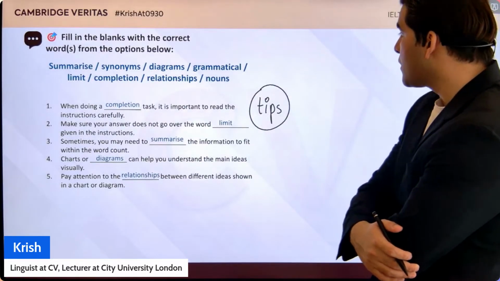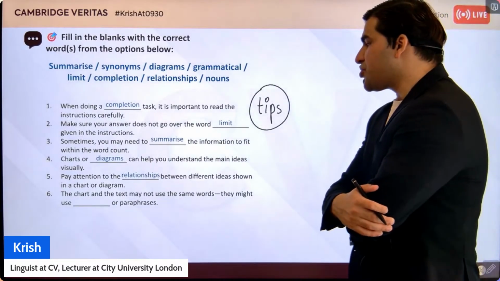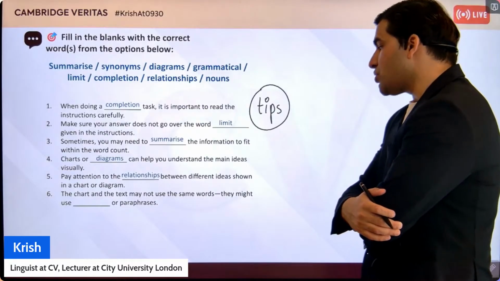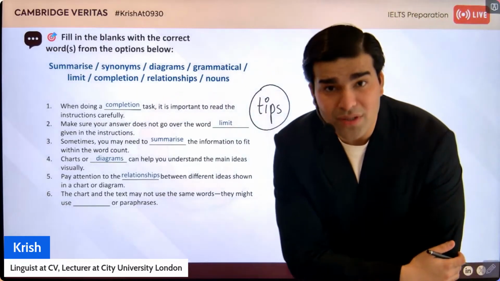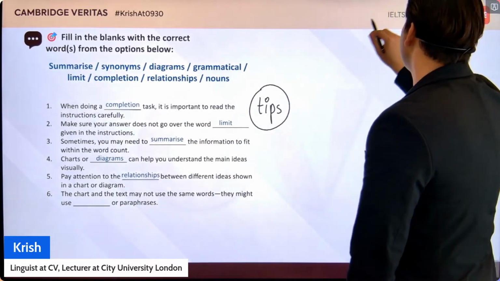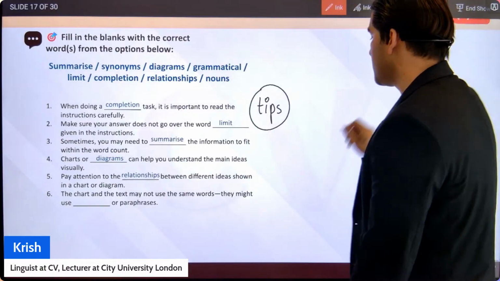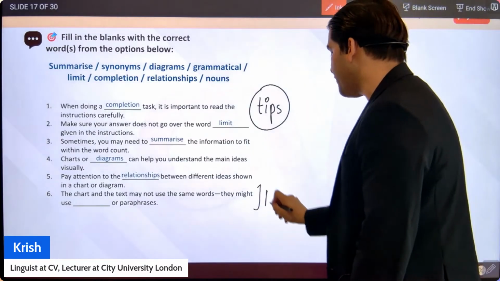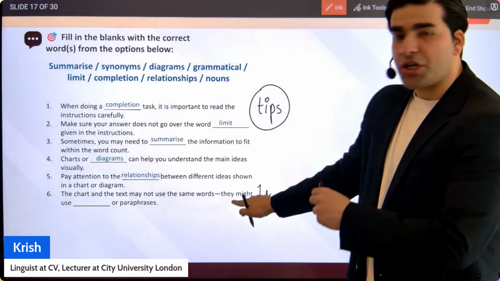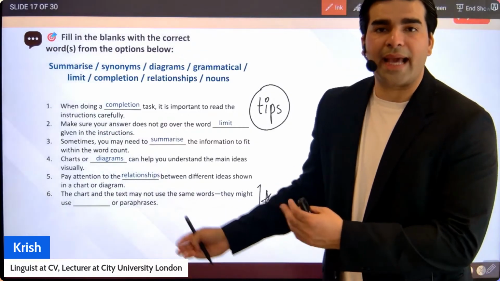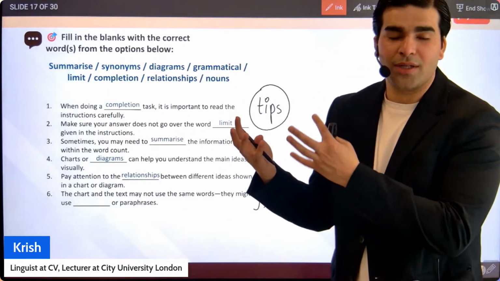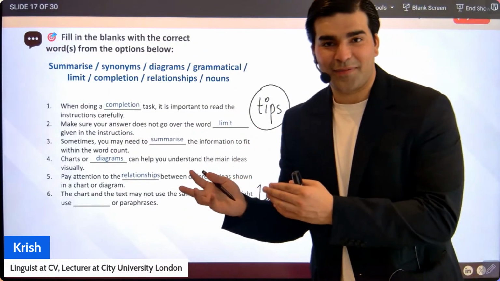And number six is the chart and the text may not use the same words. Very important information. Listen carefully. This is my favorite information here. The students and people think, candidates think that it'll be the same word. Wow, how lucky and how innocent. No, it's not.